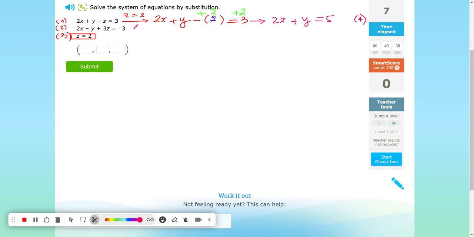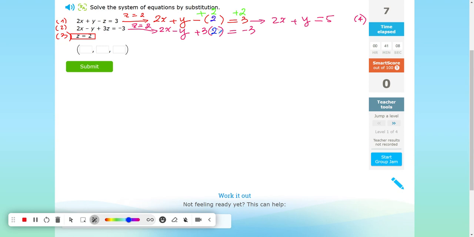So now I do the same thing for equation number 2. I also substitute z equal 2. So I come out 2x subtract y plus 3z equal negative 3, but then the z I substitute as 2.